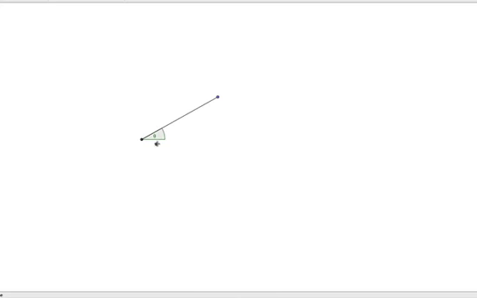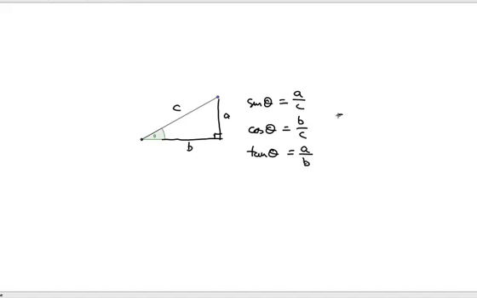So far, given an angle theta, you can create a right angle triangle, and we know that the sine of theta is given by opposite over hypotenuse, so we call that A, this B, this C. Sine theta would be A over C. Cosine of theta is adjacent over hypotenuse, B over C, and the tangent of theta is equal to A over B, opposite over adjacent. And to remember these definitions, we use the word SOHCAHTOA as a memory aid.